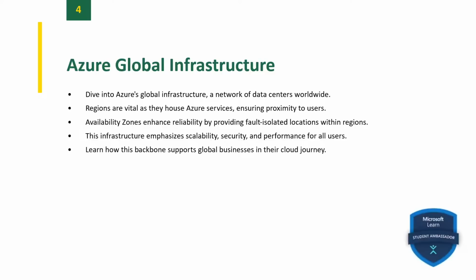Azure's use of regions, availability zones, and a resilient global network ensures that services remain available even in the event of localized failures or disasters. Compliance and security. With extensive compliance certifications and data residency options, Azure helps organizations meet regulatory requirements while maintaining the highest level of security.